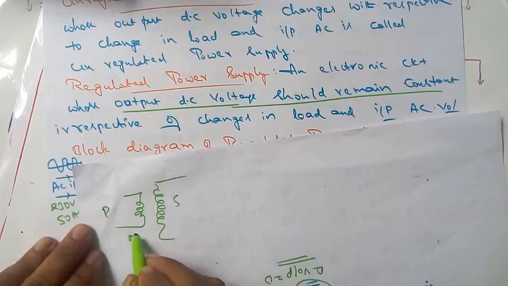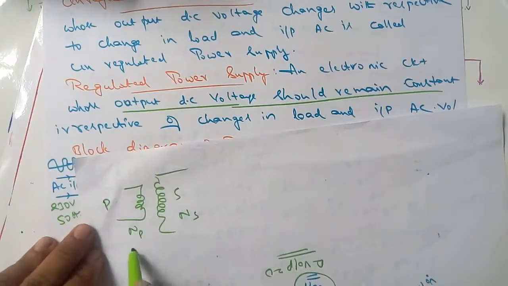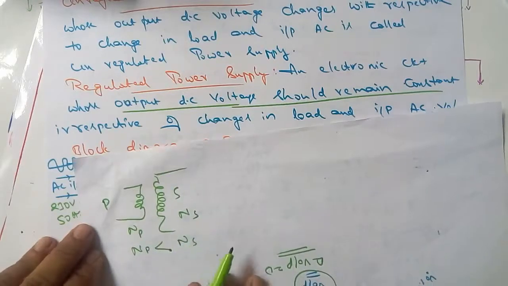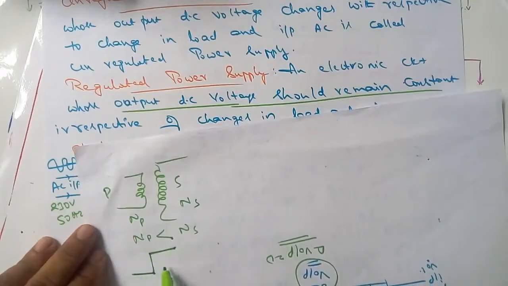If the primary winding NP is less than the secondary winding NS, then it is called step up.